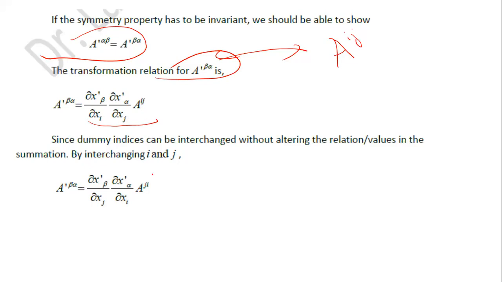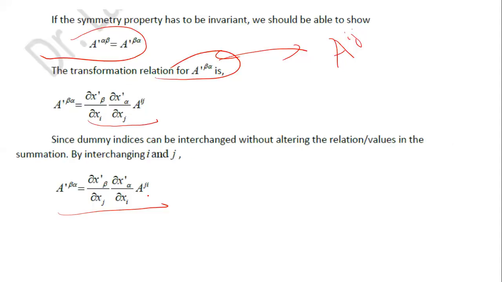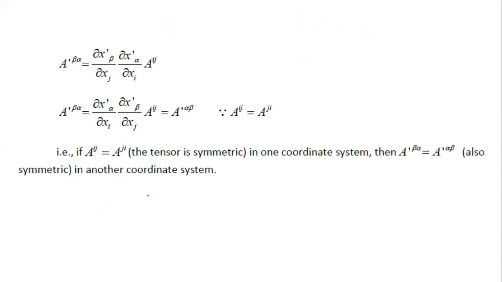You interchange here, it becomes ji. You interchange here, xi becomes xj, xj becomes xi. So this is the statement after employing the dummy indices property. This is just a rewriting of the same line, after interchanging because of the dummy indices property.